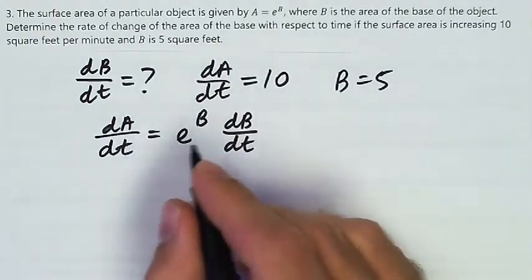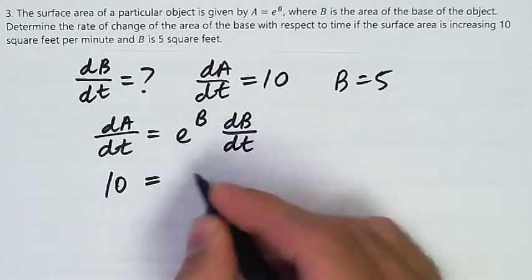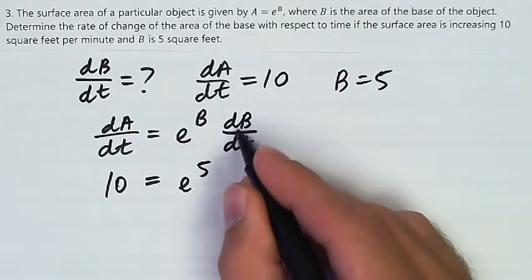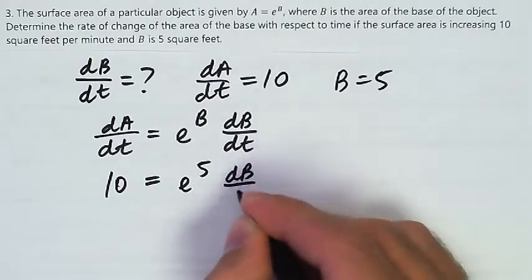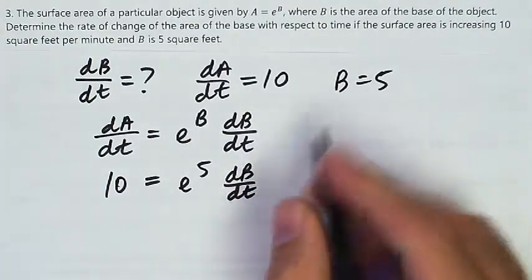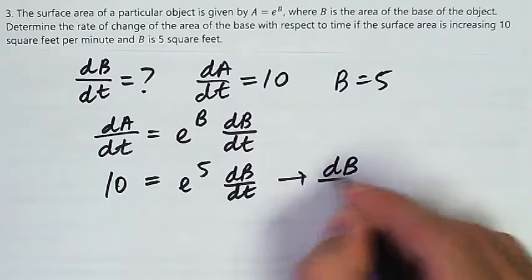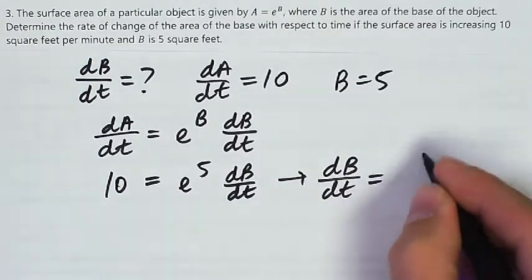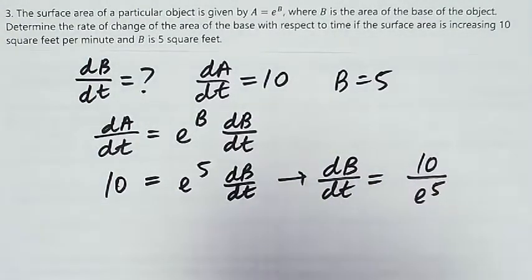So dA/dt is 10 equals e to the 5 times dB/dt, indicating to me that dB/dt is going to have to equal 10 divided by e to the 5.